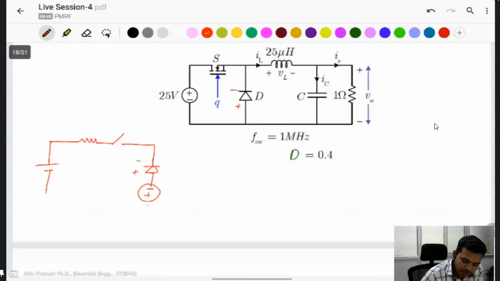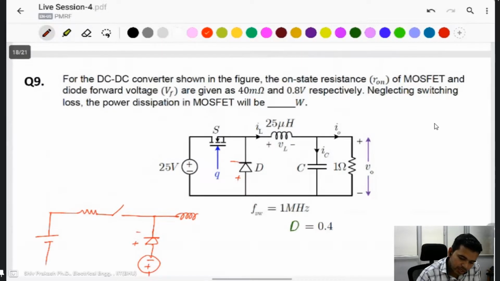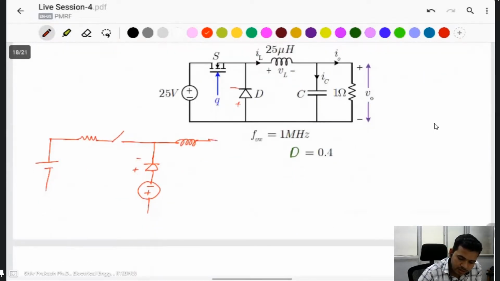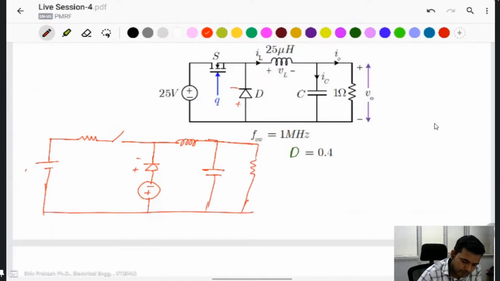Inductor resistance is not given, so you can take the inductor as an ideal inductor, and capacitor resistance is also not given. Here is Vs, this one V naught, this one given R, C, L, this one RSW I take, and VF I will take.